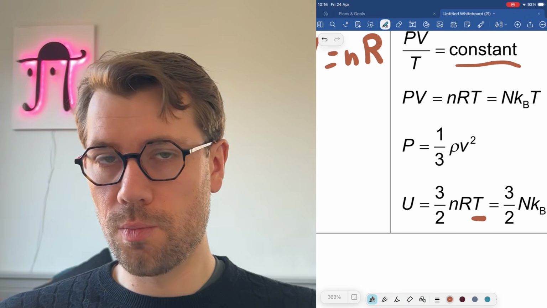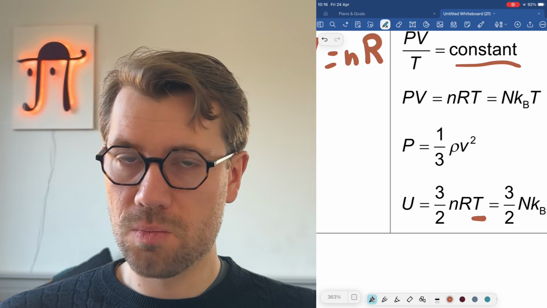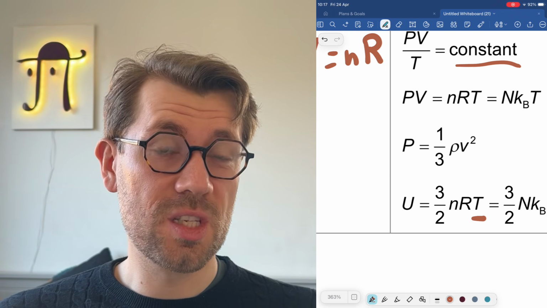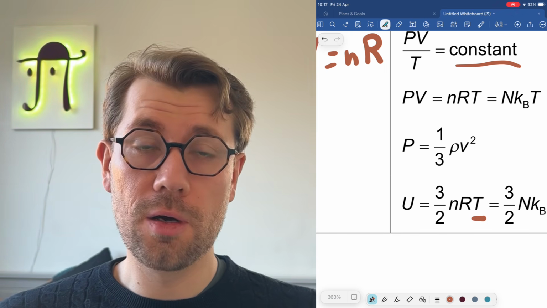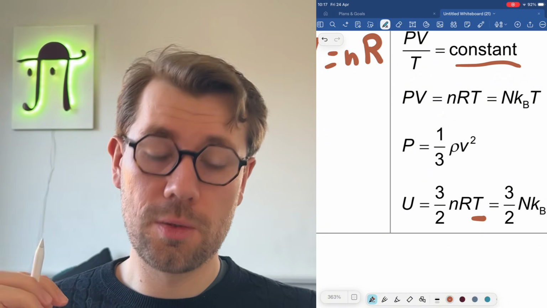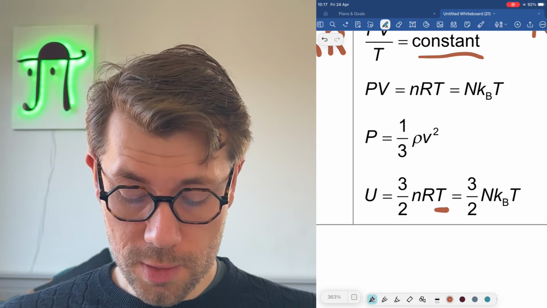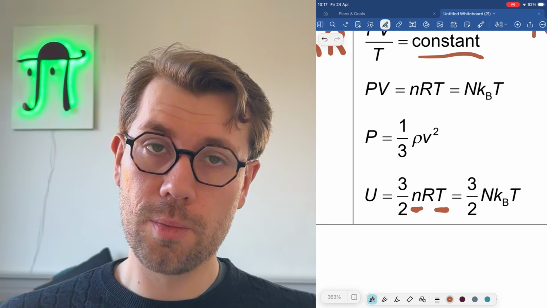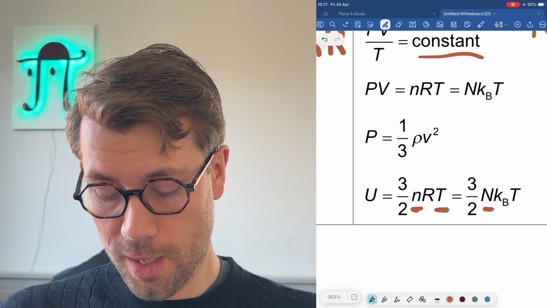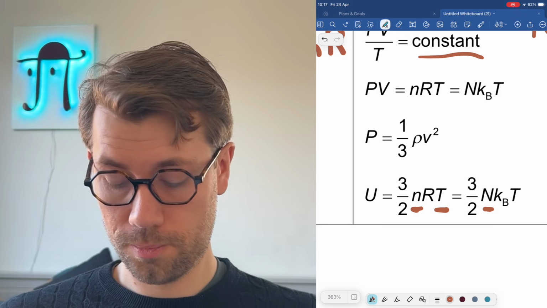And we know that the temperature of a gas is just a measure of its kinetic energy, i.e. the average speed of the gas molecules. And again, we've got two different ways we can use this. One of them when we have the moles, and one of them when we have the amount of particles.